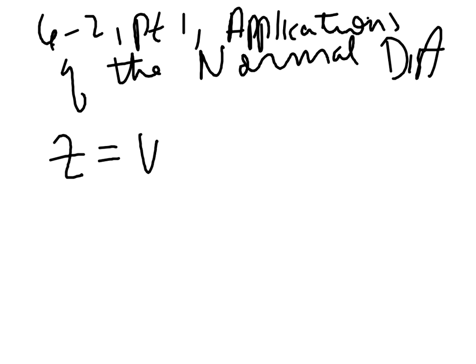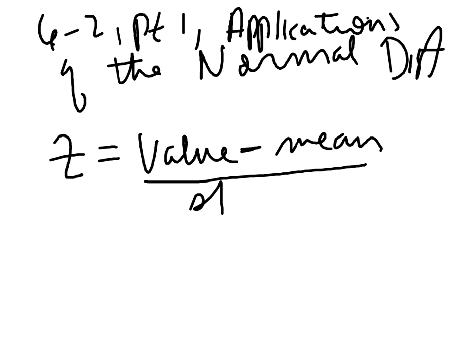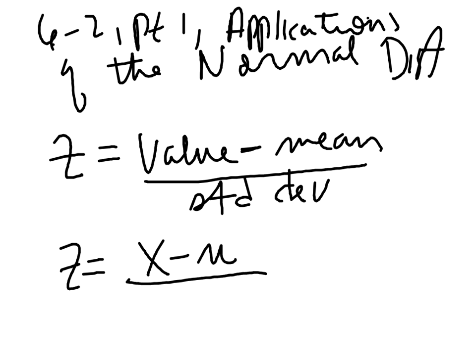We had a value from a set, and from that we subtracted the mean, and then we divided the whole thing by the standard deviation. Okay, and in symbols, there's our x, member of the set, minus our population mean divided by the standard deviation.